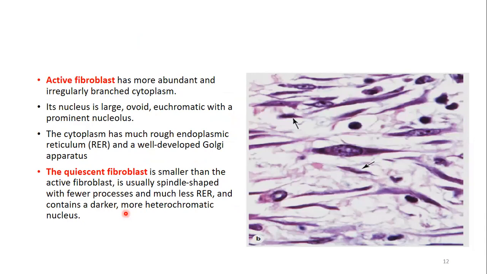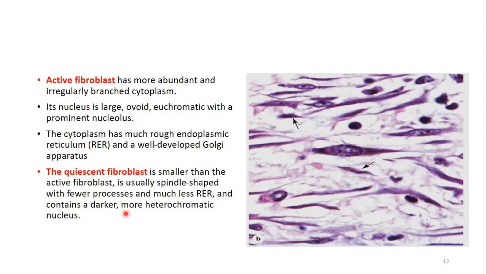Now, the immature fibroblasts are what we call active fibroblasts, whereas the dormant or quiescent fibroblasts are the old fibroblasts. So let's begin with a young fibroblast. Young fibroblasts are the active cells that produce connective tissue. They produce the fibers, they also produce the ground substance.